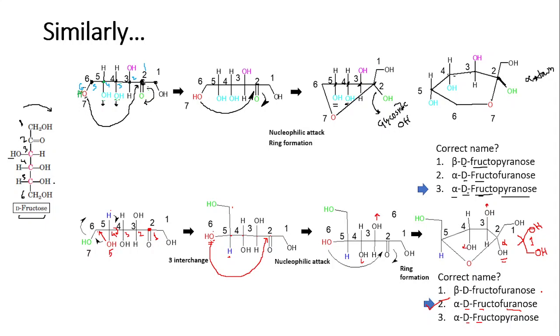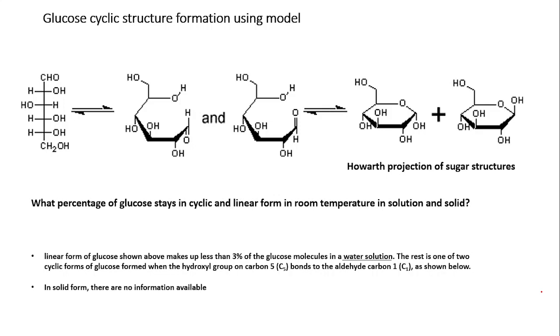So we'll do more of this exercise of cyclization. So this is basically what we did here. The same thing people are doing using models. Here people are simply drawing it up, but basically you can use the way I showed you.